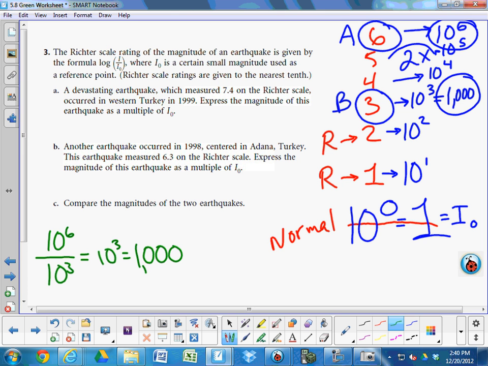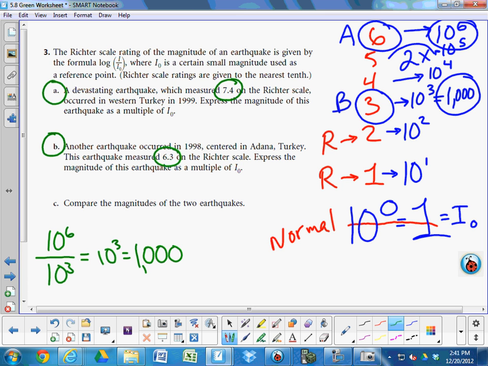Okay? Now, they're going to ask you to compare the earthquakes that were in Turkey, one in Western Turkey in 1999, one in Adana, Turkey, in 98. So they want you to compare a Richter scale rating of 7.4 to a Richter scale rating of 6.3. So instead of going through the process and using the log formula, basically, here's what we do.